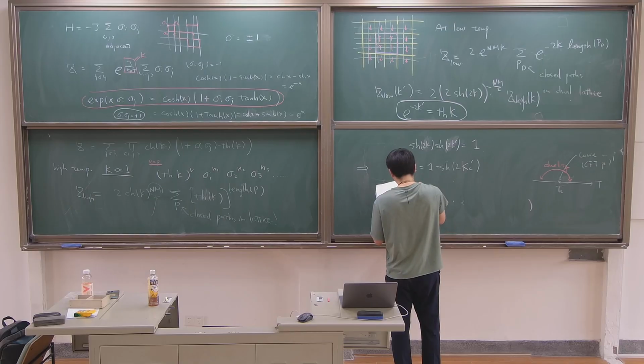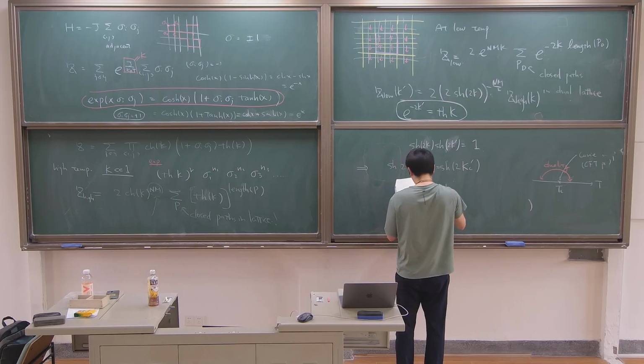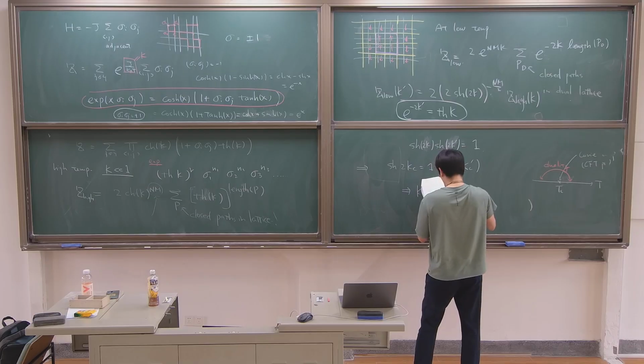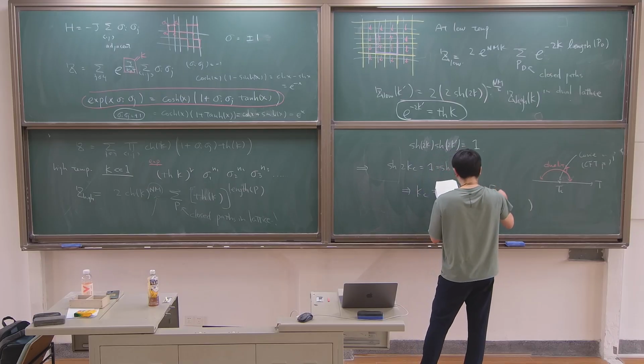This means that Kc is equal to 1/2 log of 1 plus square root 2.